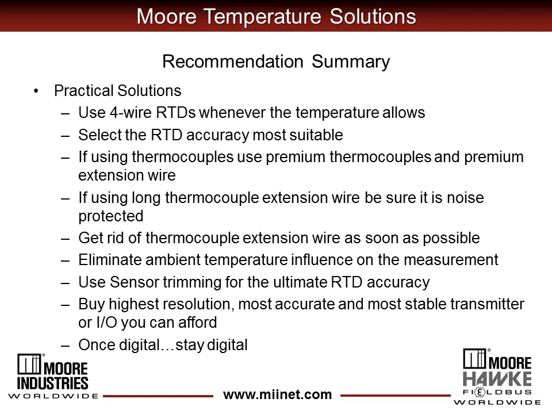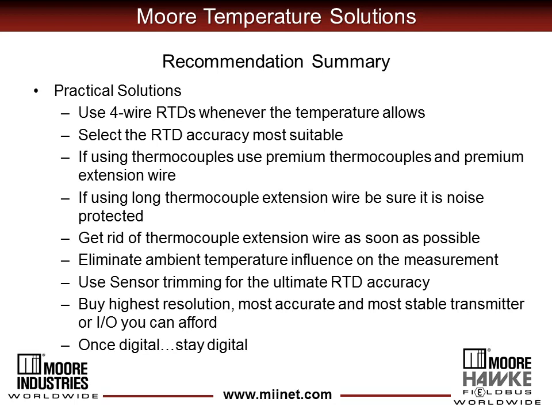If the temperature to be measured requires the use of thermocouples, use premium grade thermocouples and premium grade extension wire. Be sure to use noise protection installation techniques whenever you have long extension wire runs, or better yet, get rid of your long thermocouple extension wire runs.